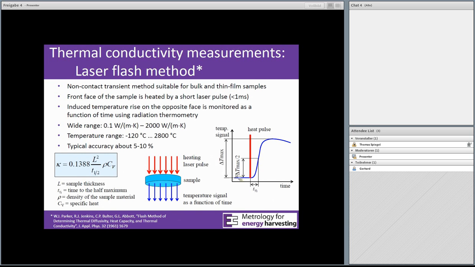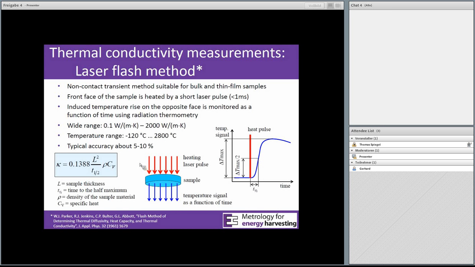This heat goes through the sample, and the temperature of the opposite face can be monitored, for example, with an infrared detector. This figure shows the temperature measured on the opposite side of the sample, and the important measure is the time that the temperature needs to reach half of the maximum value.